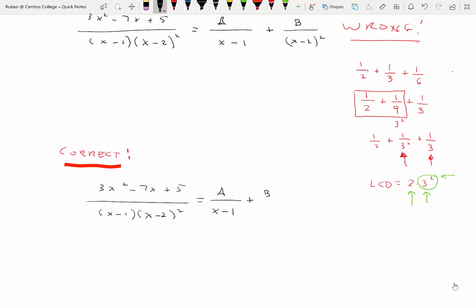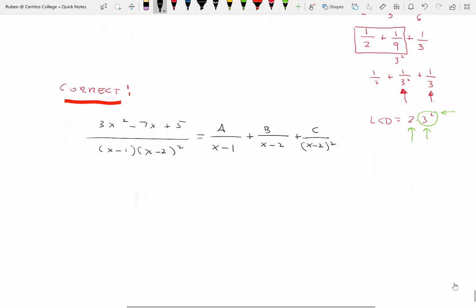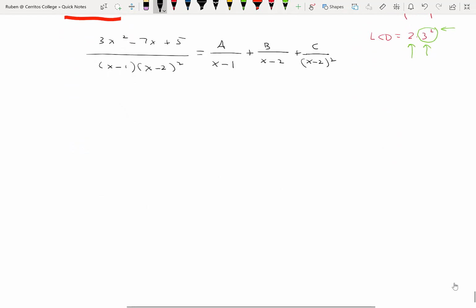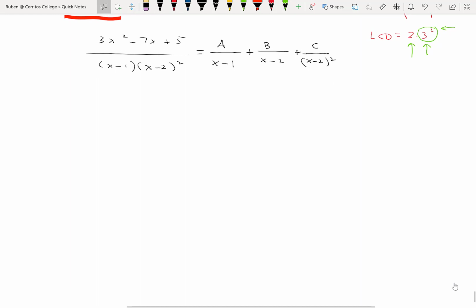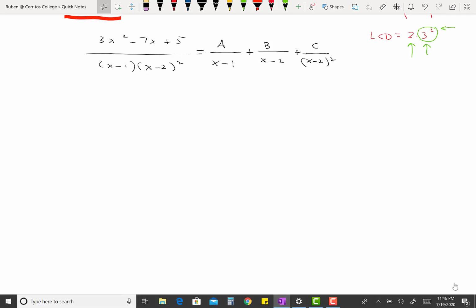So a over x minus 1 plus b over x minus 2 plus c over x minus 2 squared. Then we hunt for the constants a, b, and c. I'll summarize this result when we've found them, so if this still isn't clear, just bear with me. Let's do that right now.